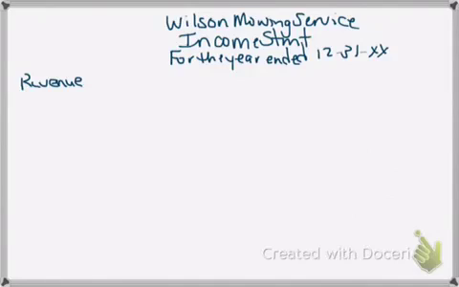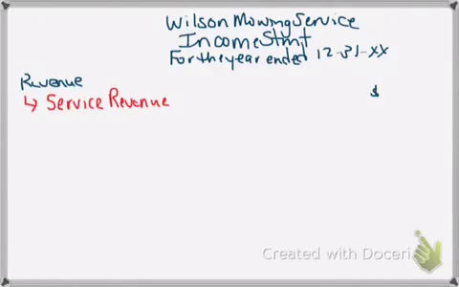The next step in here is I'm actually going to indent over, and then I would list all of my revenues. In this case, I only have service revenue, so that would be all that I would be listing for that, and it is in the amount of $31,900.